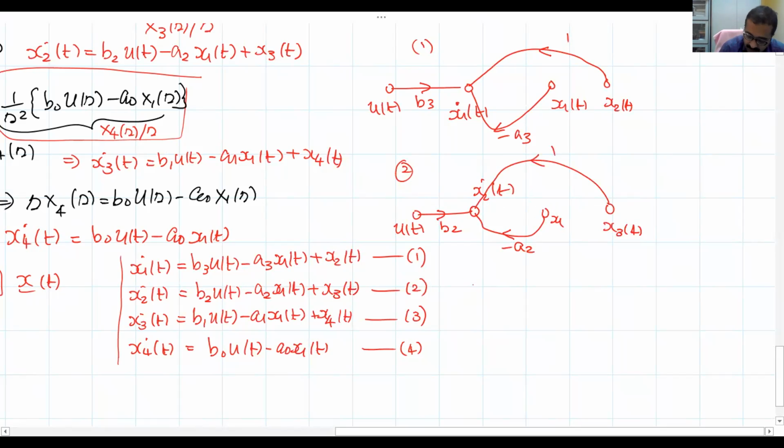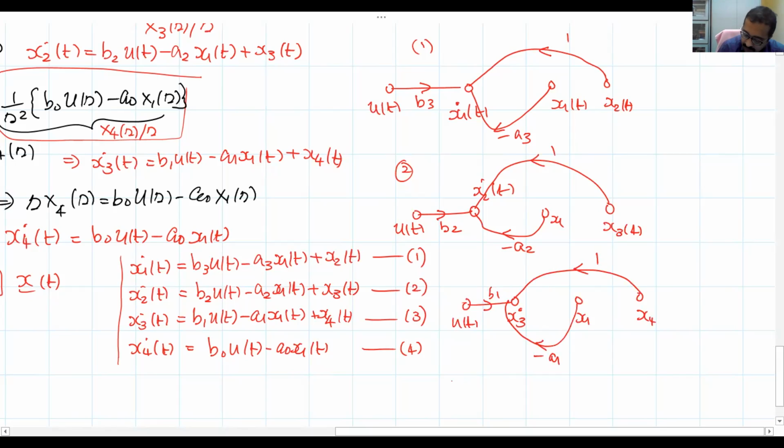Similarly, the third: there should be again a u of t, gain should be b1. This must be x3 dot. There should be a channel from x1 at a gain of minus a1, and if there is a node x4, there should be a branch with a gain of 1.